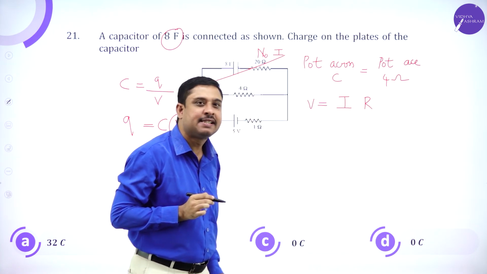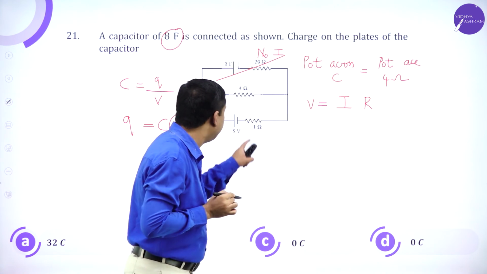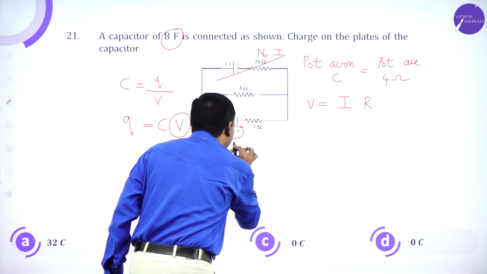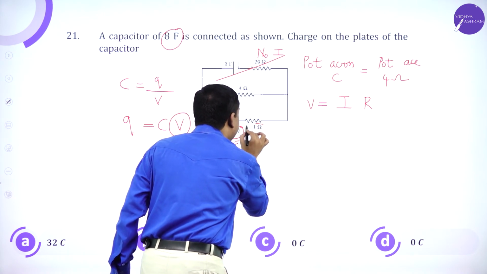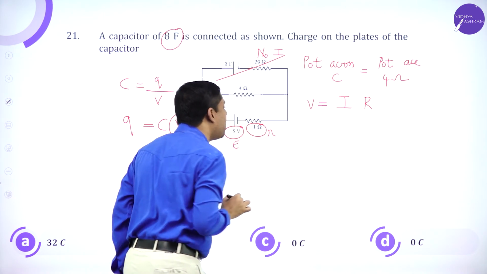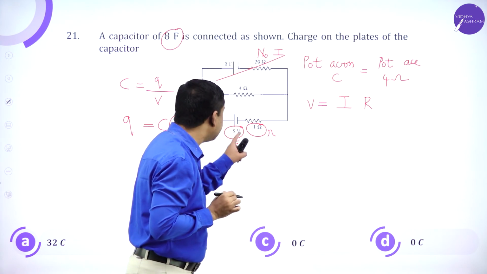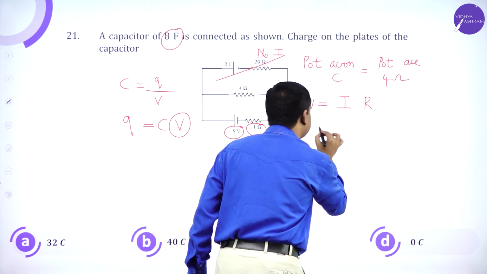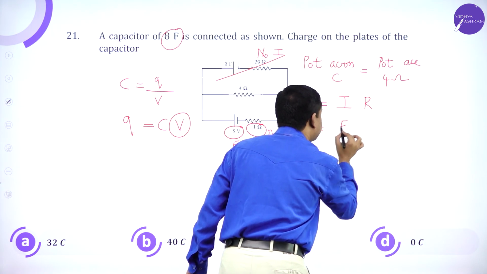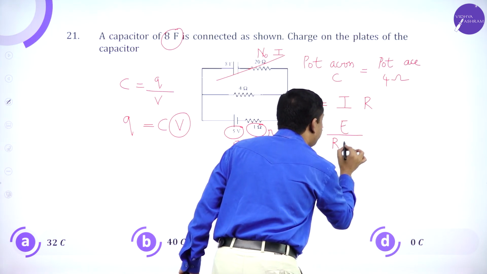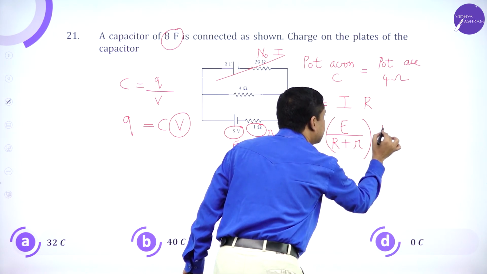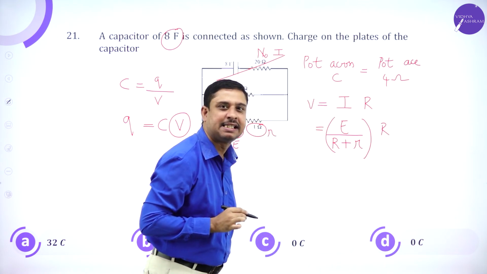How will I find out this I? Very simple. There is a cell of EMF 5 volts, internal resistance 1 ohm. So when there is an EMF and an internal resistance, I is E divided by R plus r, the external resistance.